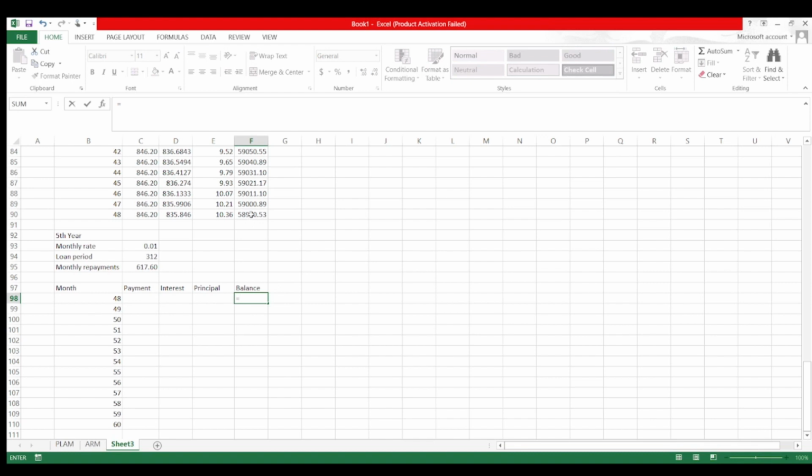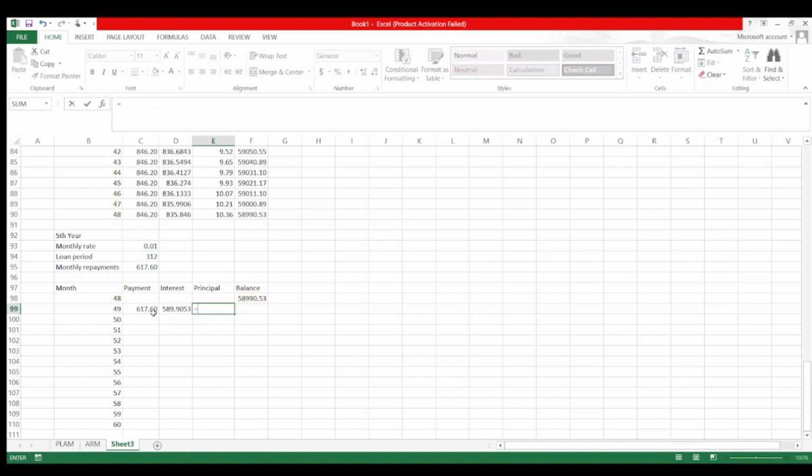Capture your opening balance. Then for your payments, always make sure to add the dollar signs so that you lock in any cell before you drag a particular formula. So for the interest, take the interest rate and multiply it by the loan balance.